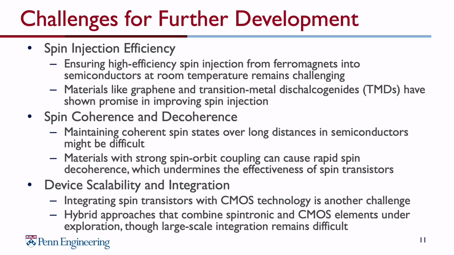Research in spin-orbit torque and voltage-controlled magnetic anisotropy is also driving advancements, potentially allowing for more energy-efficient switching mechanisms. As we continue to push the boundaries in this research area, spin transistors may well become a critical component in the next generation of faster, more efficient, and energy-saving devices.